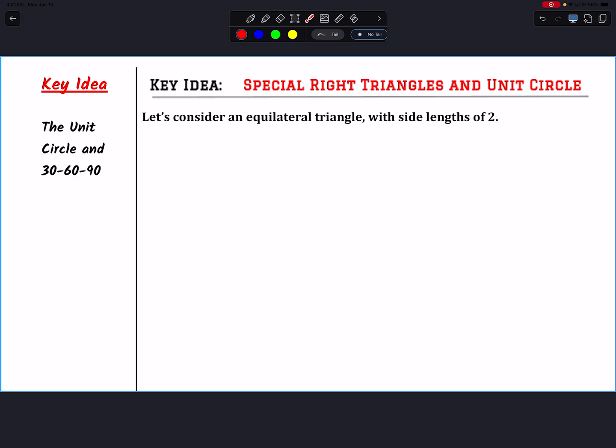What does equilateral mean? All the sides are the same. So I want you guys to draw a triangle where all the sides are length 2. Yeah, so something like that. So this is going to be 2, 2, and 2.